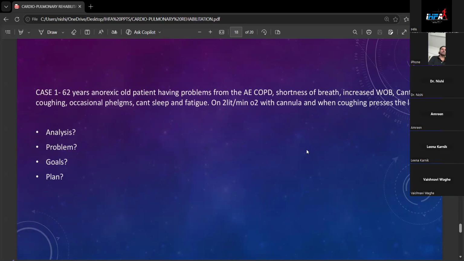COPD, right? In COPD, according to the scenario, which type of COPD does the patient have? Is it chronic bronchitis or emphysema? Chronic bronchitis. Okay, on what basis do you tell that?